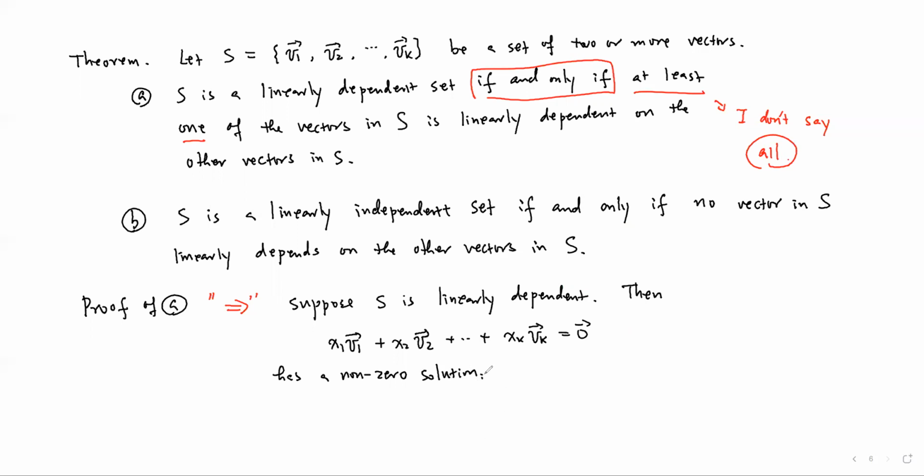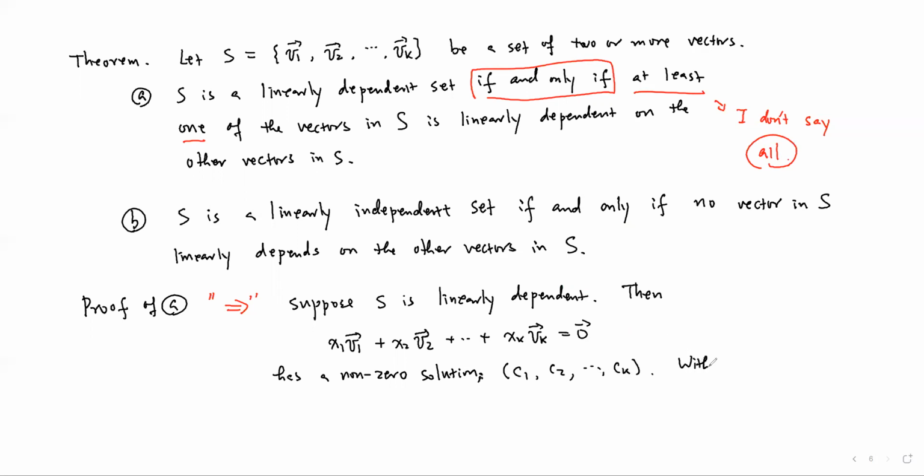Say the solution is, for example, C1, C2, up to CK. At least one of the numbers is non-zero.